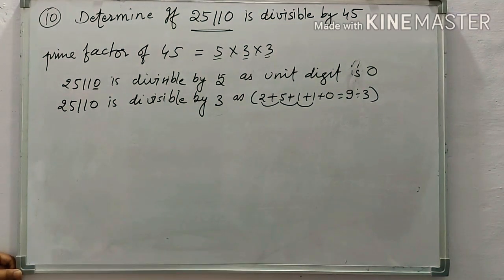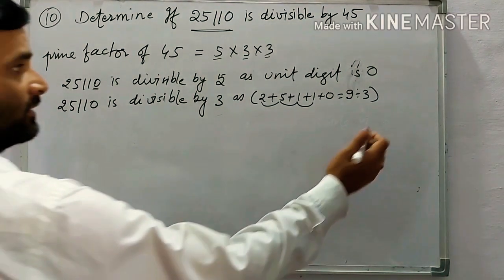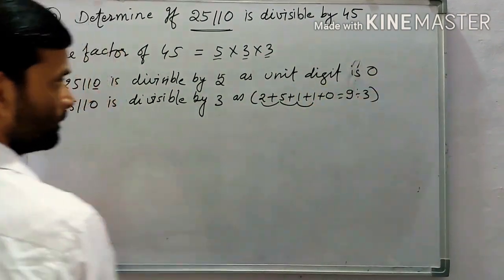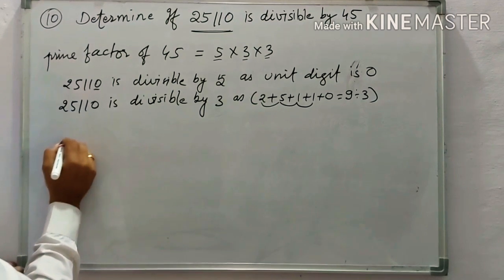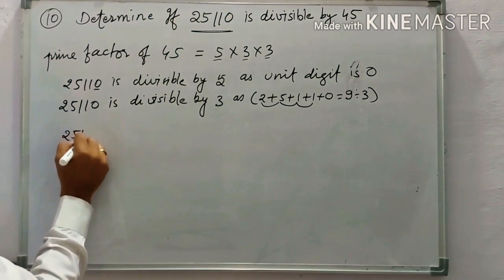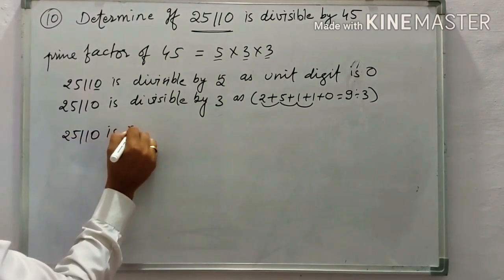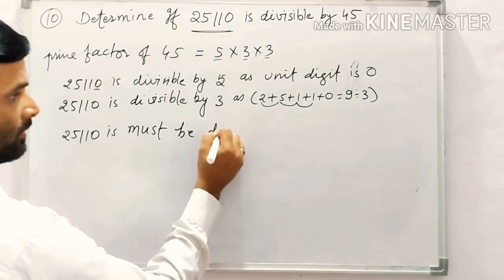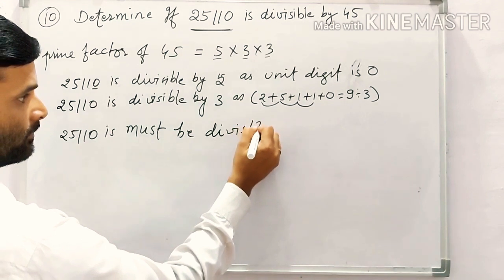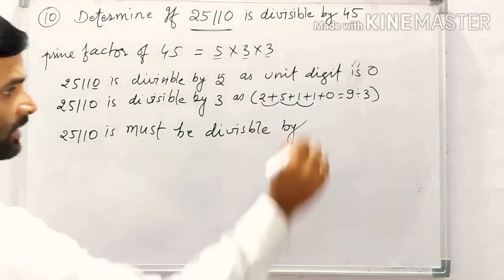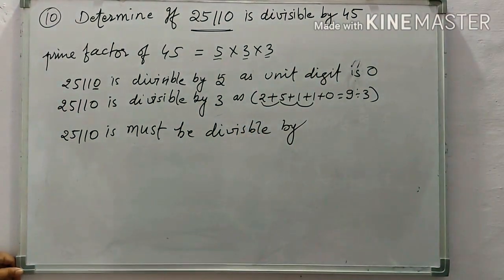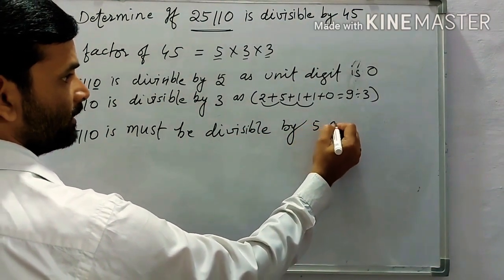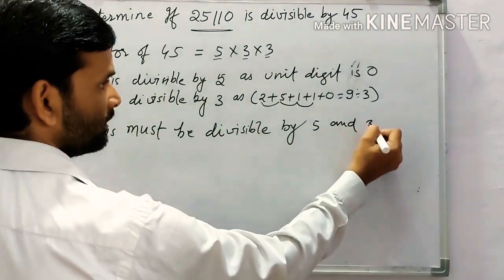It means 9 is a multiple of 3. Then 25,110 must be divisible by 5, 3 and 3.